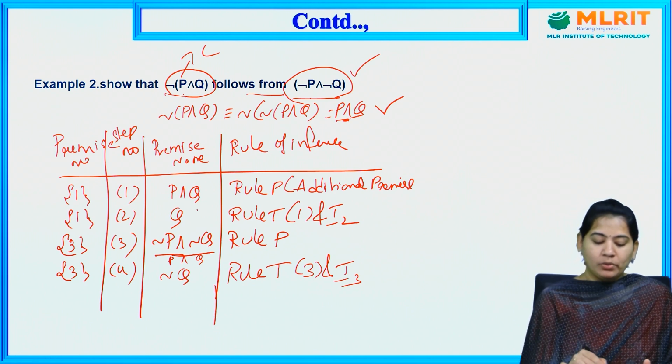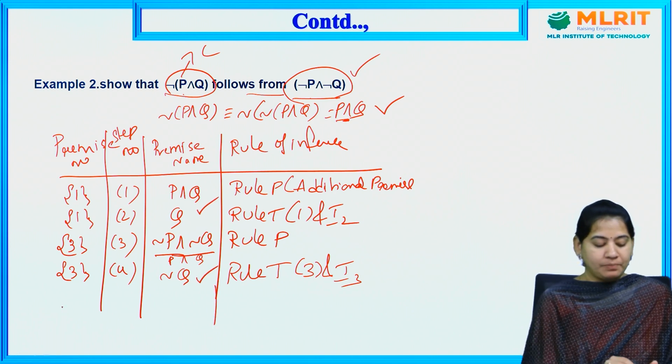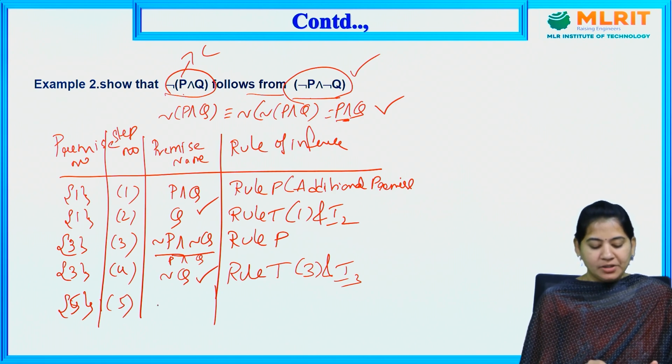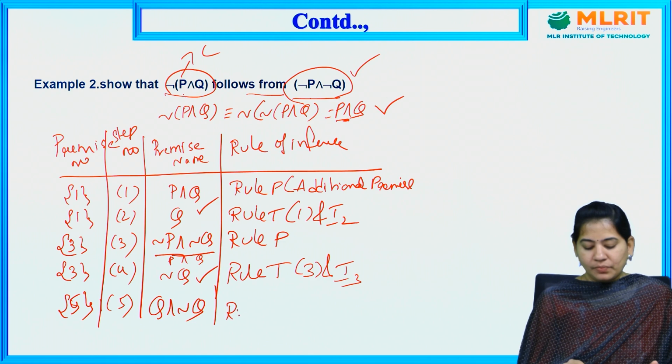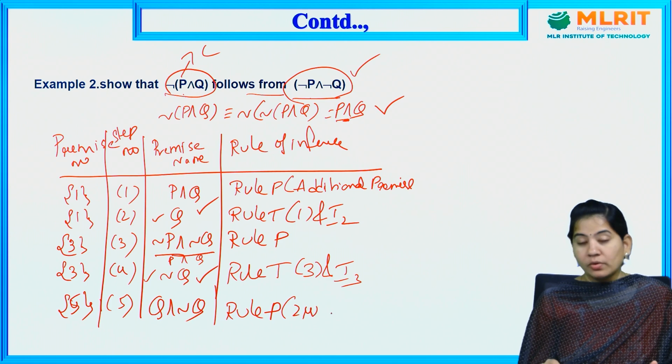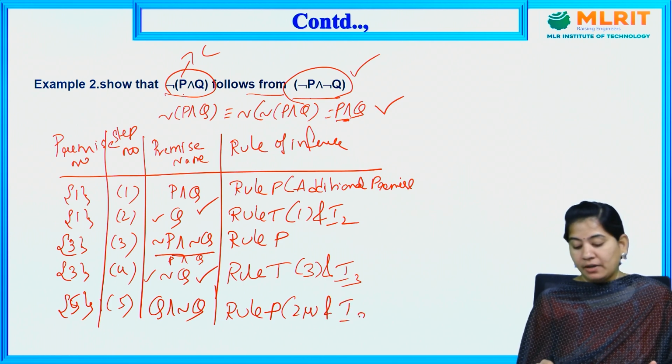Now Q is there, negation Q is there. So here the premise numbers are, you will get 5 and the step number is 5, and Q and negation Q you will get, and the rule is rule P, and the steps that we have used are 2, 4 and the I9 formula.